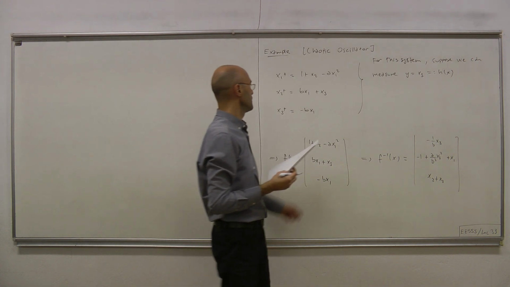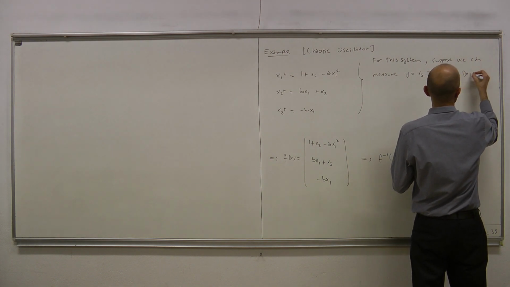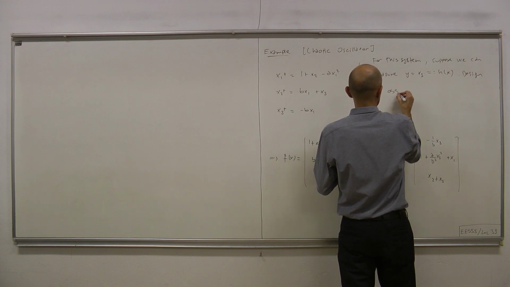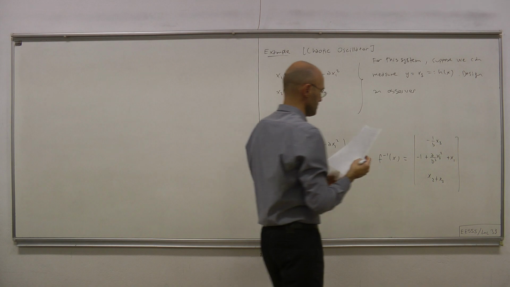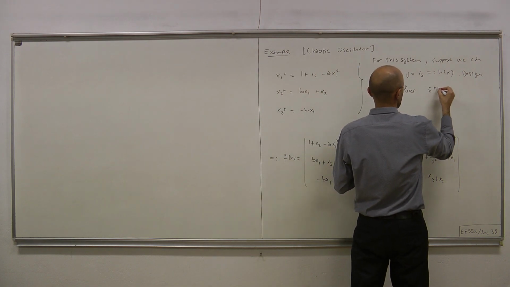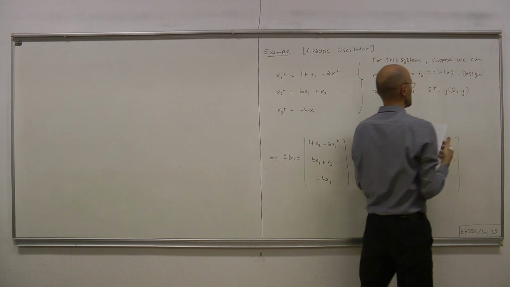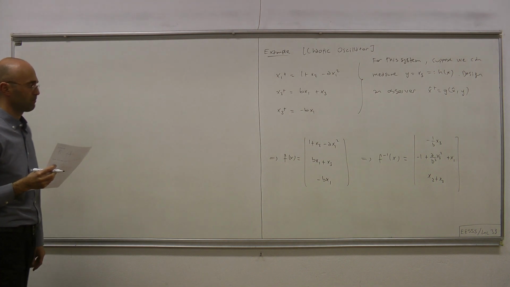H of x is the third state variable x3. Okay, design an observer using Glad's construction: x hat plus equals g of x hat, y. So we have to figure out what that mapping g is.